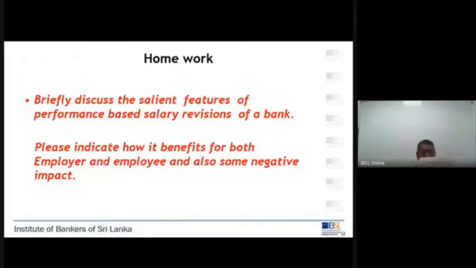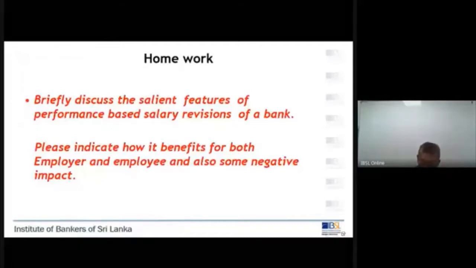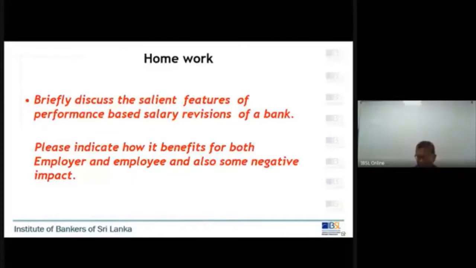Now, homework. Now you do homework, no? Can you write down this question? Briefly discuss the salient features of performance-based salary revisions of a bank.